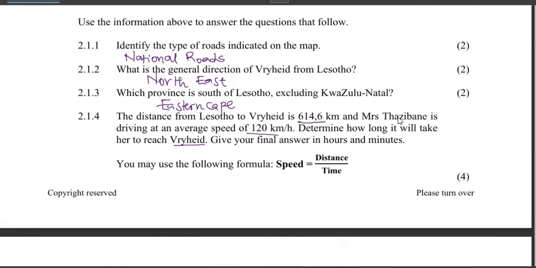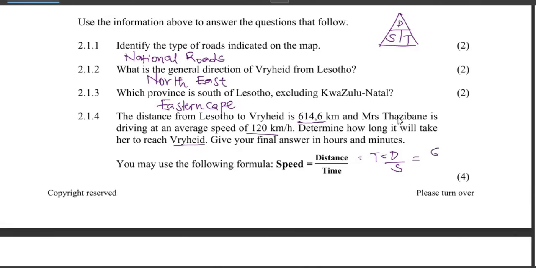Remember the triangle diagram we usually have, DSTV. The formula has to change, because I'm asking how long it will take in hours and minutes. So time equals distance divided by speed.